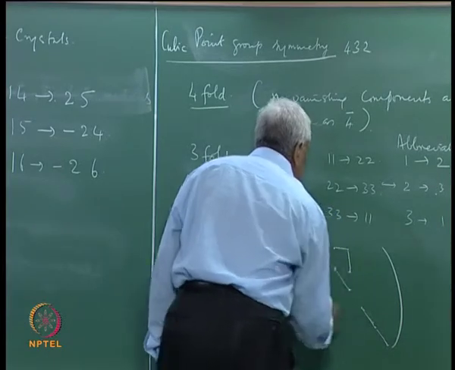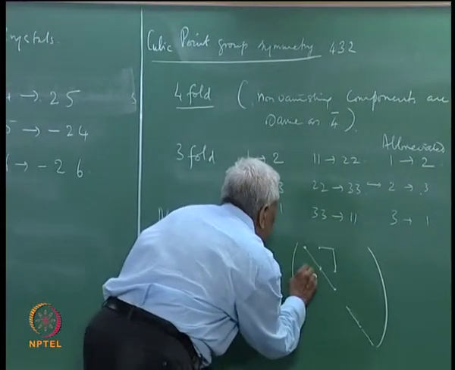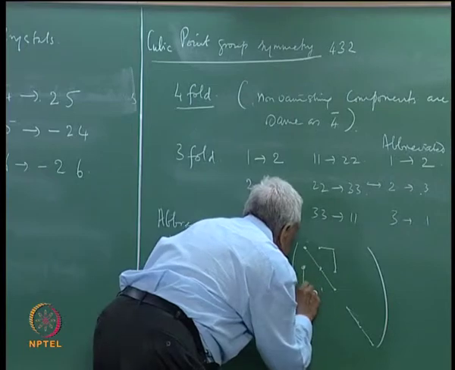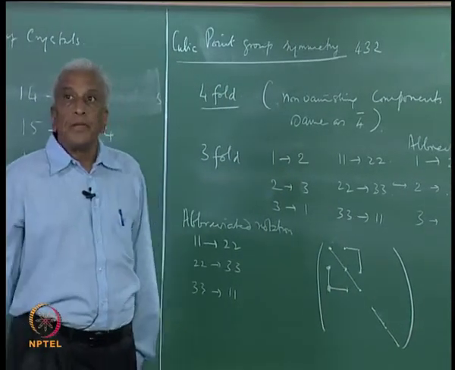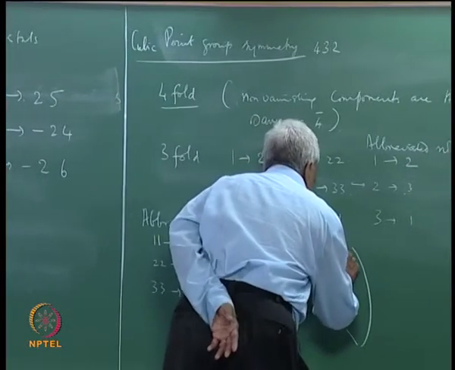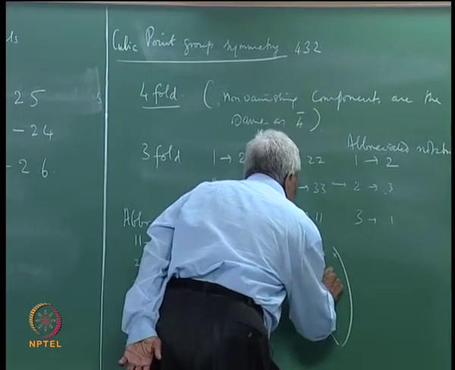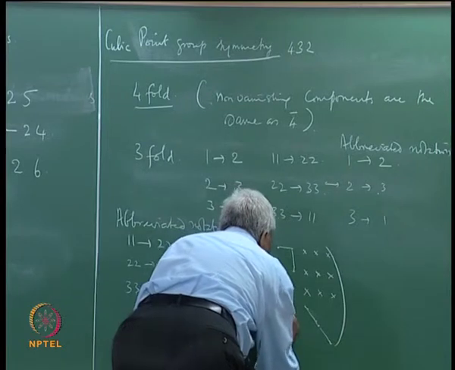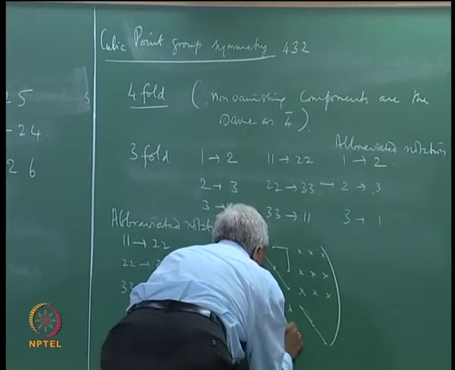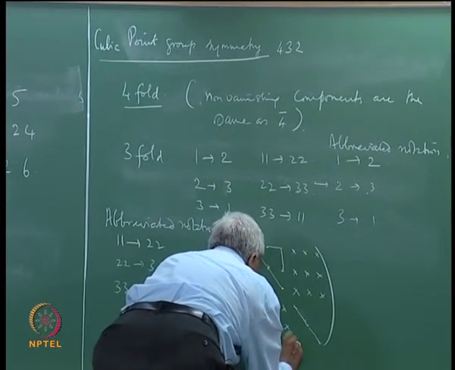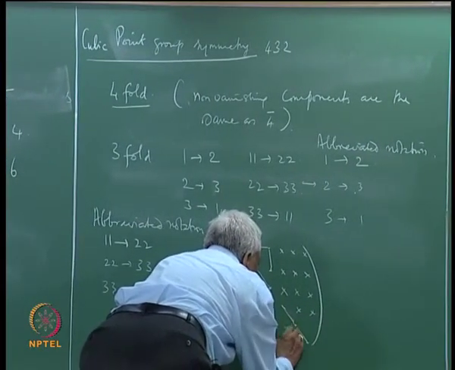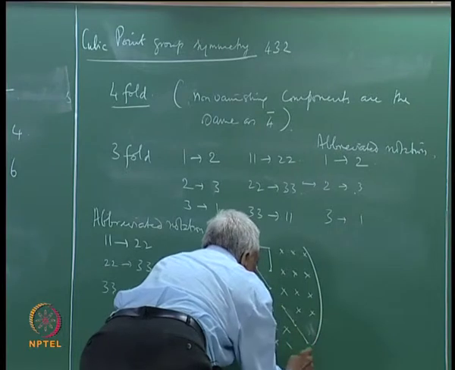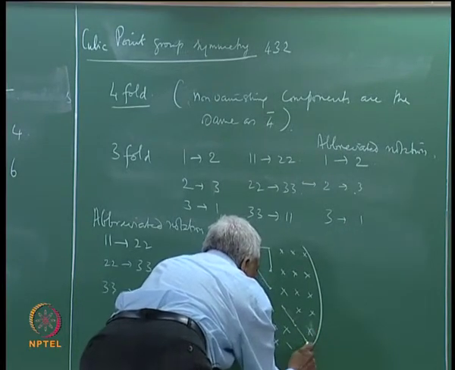And the same thing happens on this side for C21 and then C31 and C32, all three are connected, and all the rest of them are 0. Then this comes here.